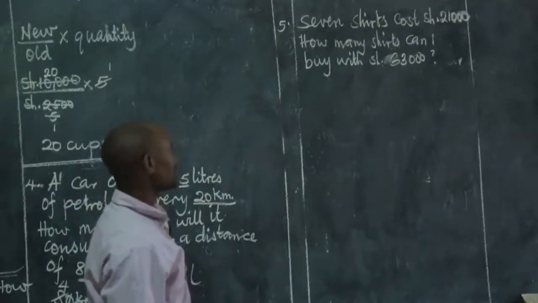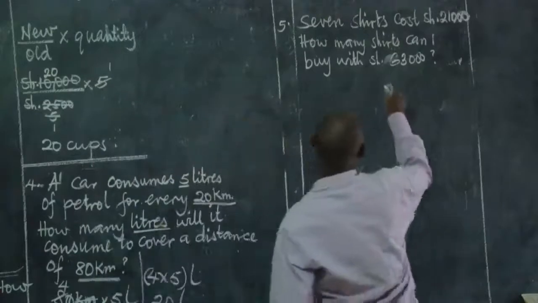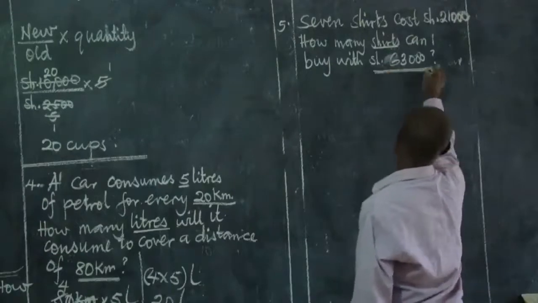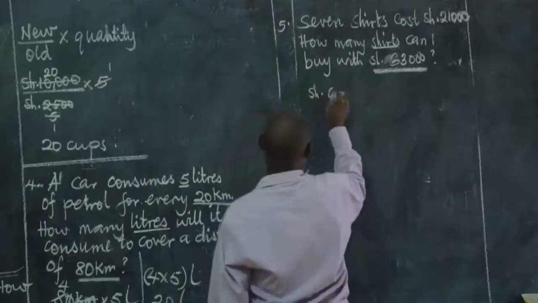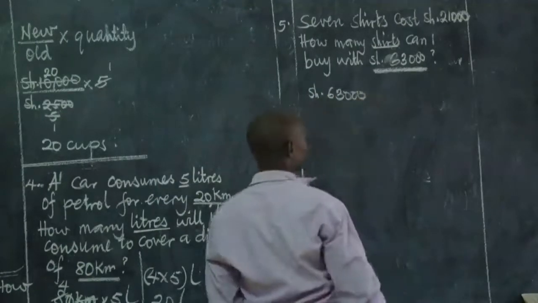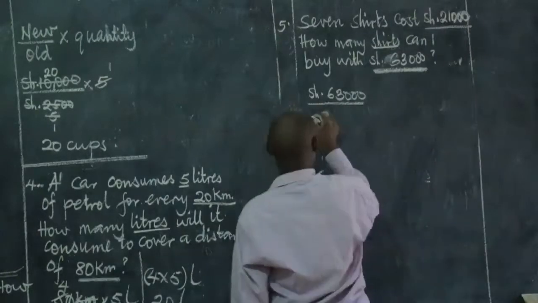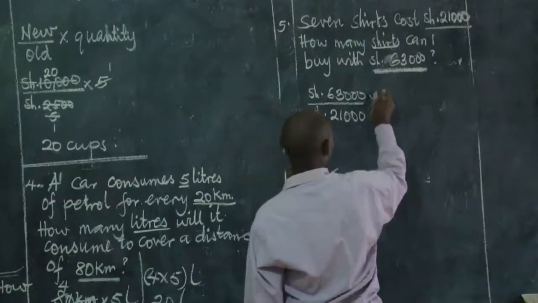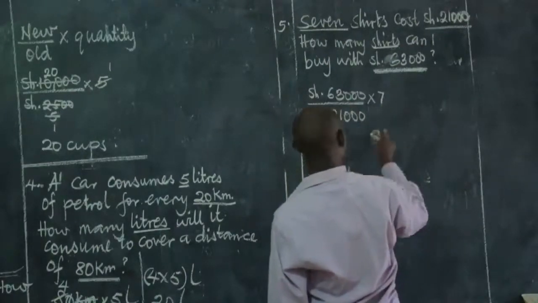How many shots can I buy with 63,000 shillings? Okay? So what do we do here? We are looking for the number of shots which I can buy using 63,000 shillings. So 63,000 shillings becomes new, because we are looking for the cost of this one. Then we divide it by the old amount of money, which is 21,000 shillings. Then we multiply by the quantity. What is the quantity? 7. And what is that? 7 shots.